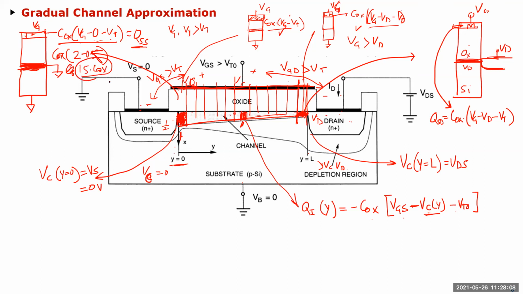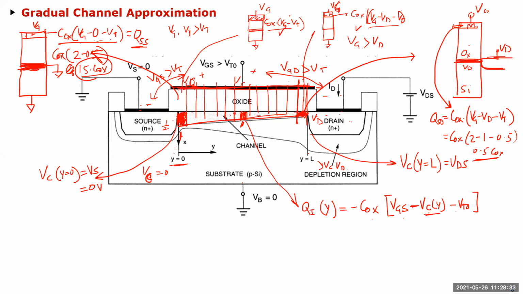And let's say VD was 1 volt, then this would be Cox times 2 minus 1 minus 0.5, so this will be 0.5 Cox. So it's almost 2x to 3x lower charge density on that side. Makes sense?